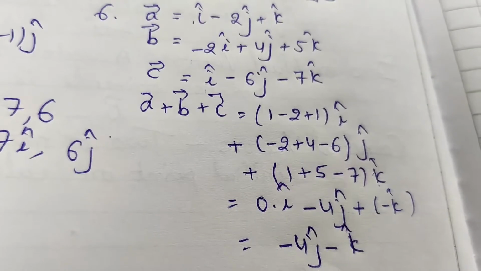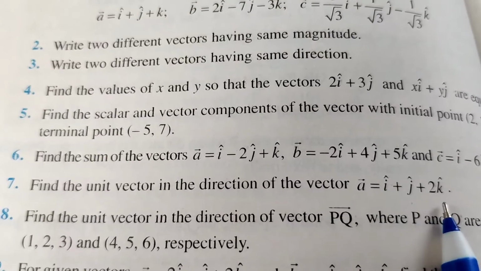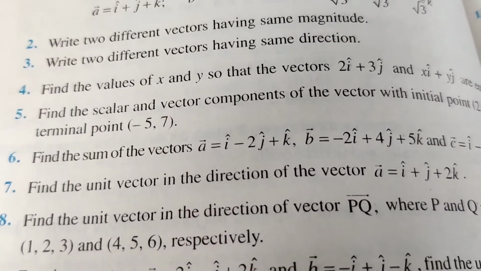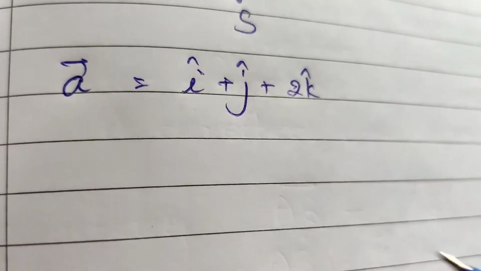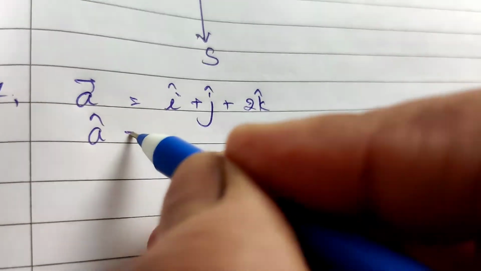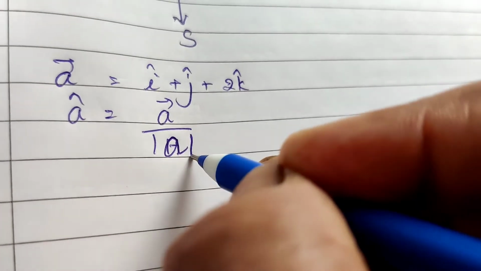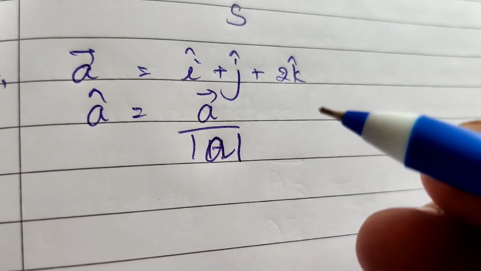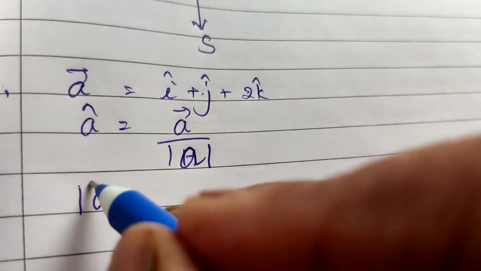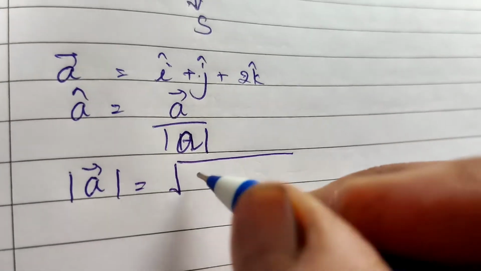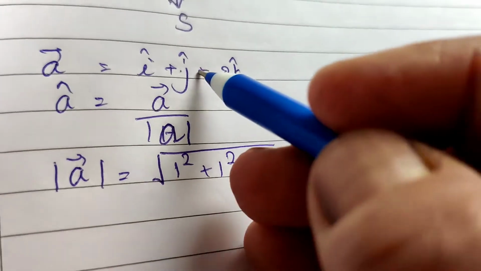Next question 7. Find the unit vector in the direction of the vector i plus j plus 2k. Find the unit vector. Okay. Unit vector means unit vector equal to A vector divided by the magnitude of vector A. The magnitude of A vector equal to under root 1 square plus 1 square plus 2 square, x square plus y square plus z square.